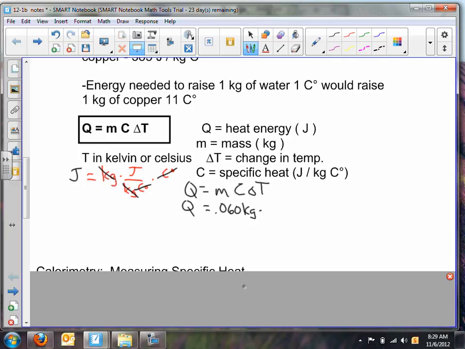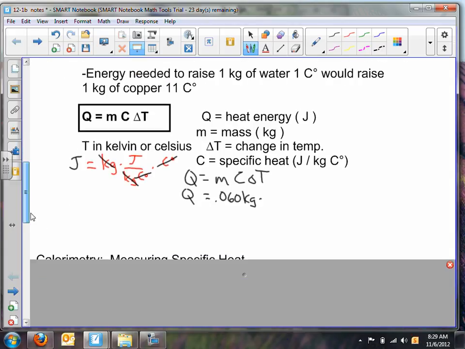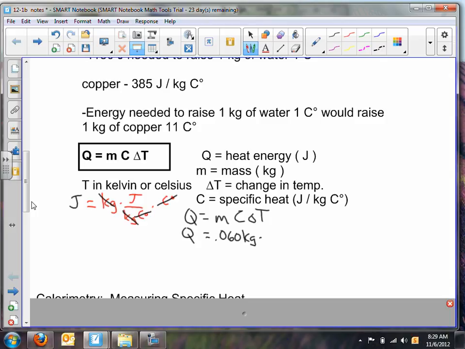The specific heat of copper we gave you right up here, 385, or you could have looked it up in your book, 385 joules per kilogram Celsius degree. And my change in temperature went from 20 to 80, so 60 degrees is how much the temperature changed.